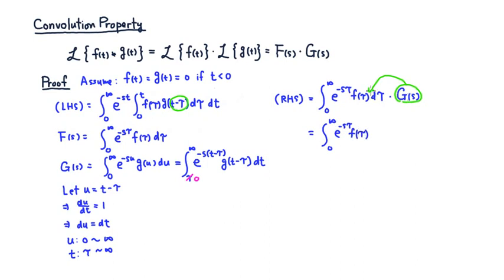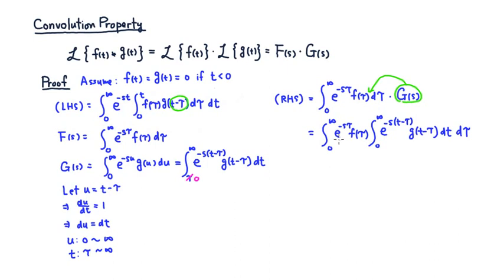So I'm going to put G of s in: G of s came out to be the integral from 0 to infinity of e to the negative s quantity t minus tau, and then you have g of t minus tau dt, and a d tau. So we have that.